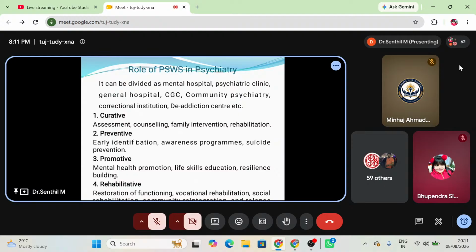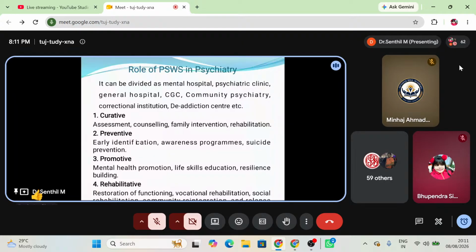Rehabilitative means we restore functioning and promote community participation of the patient. In actual practice, these four roles often overlap, so it is very important to differentiate them: what is curative, preventive, promotive, and rehabilitative.